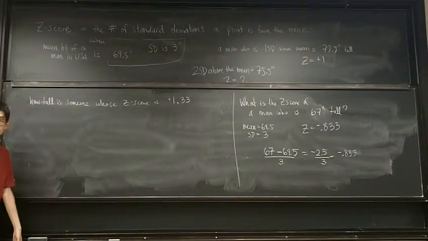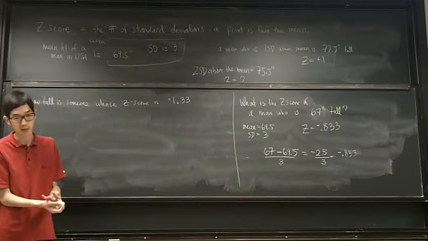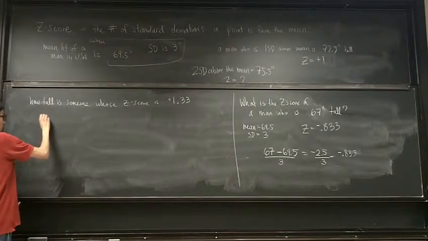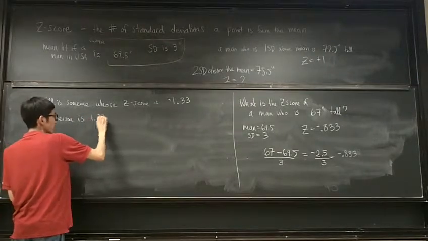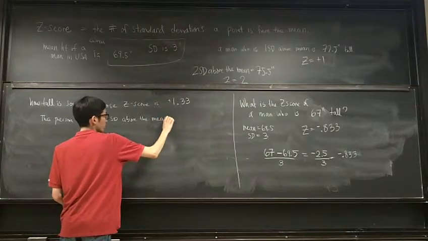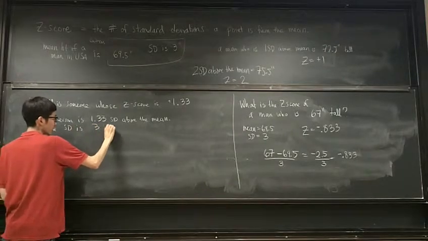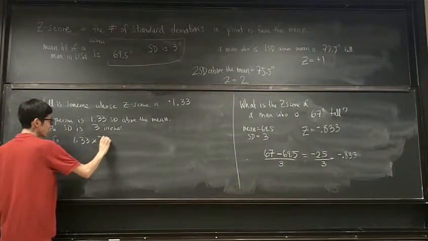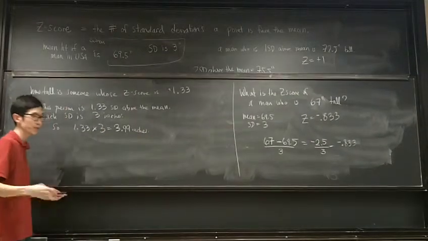How big is a standard deviation? 3 inches. So how many inches away from the mean is this? 3.99. Okay, so this person is 1.33 standard deviations above the mean. Each standard deviation is 3 inches. So 1.33 times 3 gives me 3.99 inches, or 4 inches.